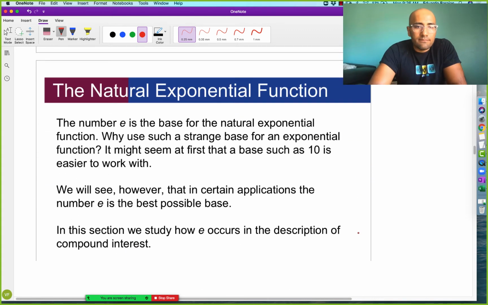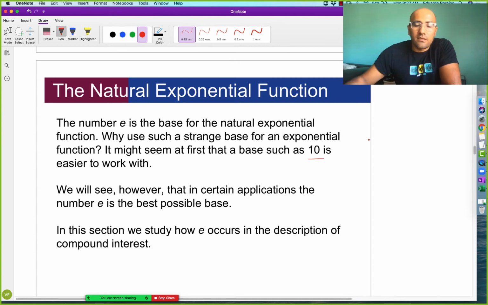Okay, the number e is based on the natural exponential function. Why use such a strange base for an exponential function? It might seem at first a base such as 10 is easier to work with, right? Base 10 is easy to work with because we have a base 10 number system, which is what we're used to. Why do we have a base 10 number system?